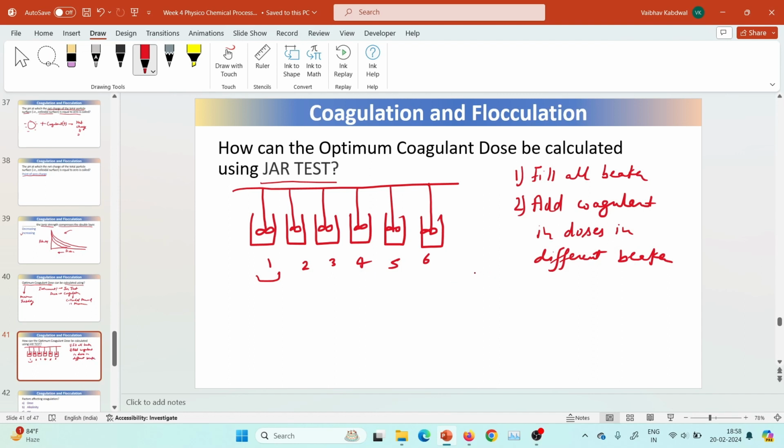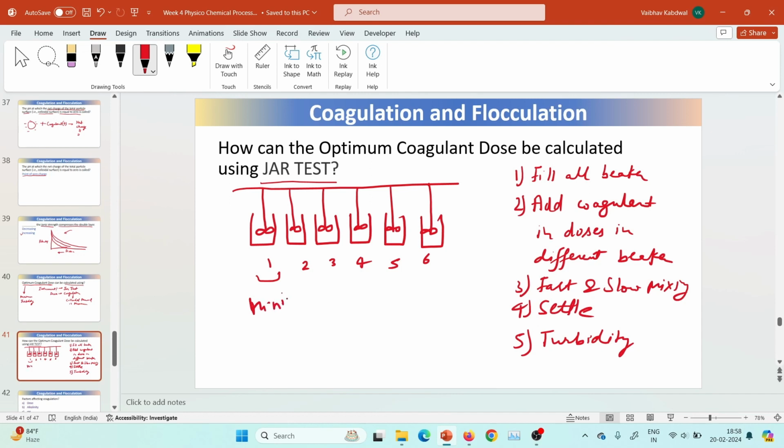Then we provide fast and slow mixing. Then we allow them to settle, and then we find the turbidity. The beaker which gives us minimum turbidity, that dose we call the optimum.